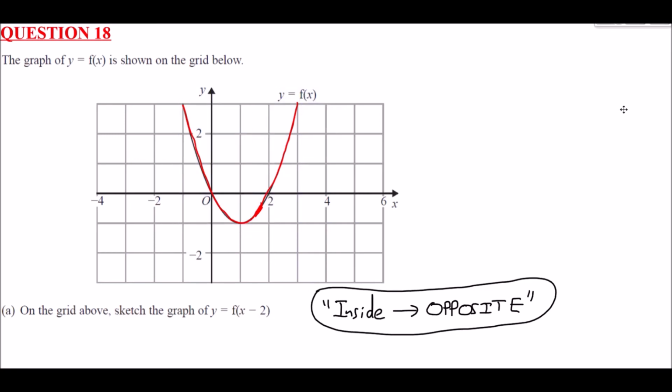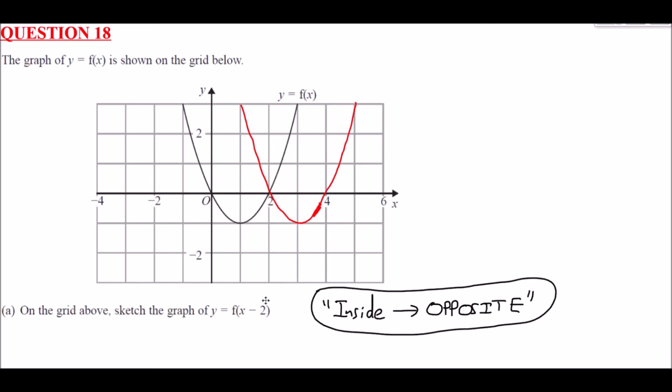So what we're going to do here is this whole thing is going to move 2 units along, and will end up being here. So it's going to cross the x-axis at 2 and 4.